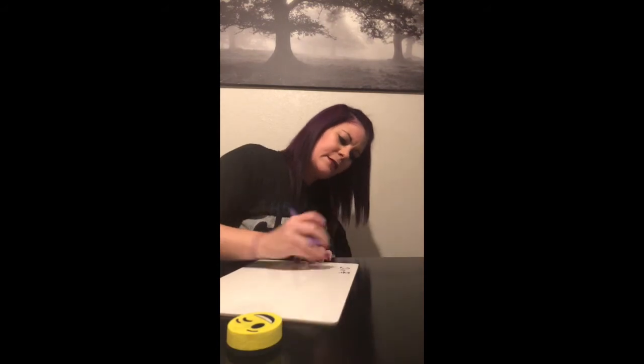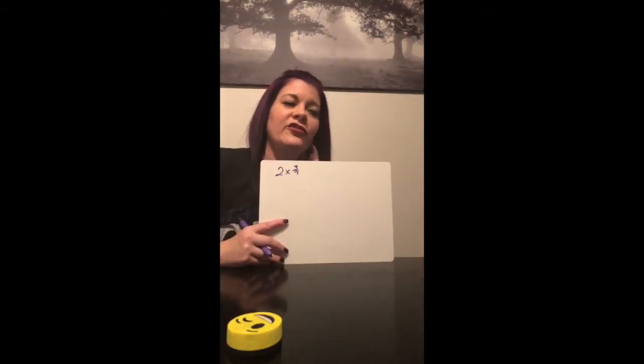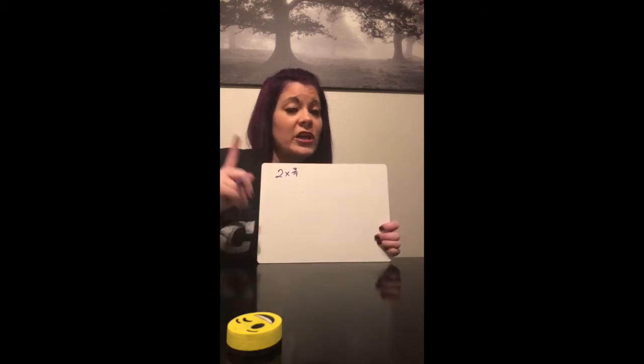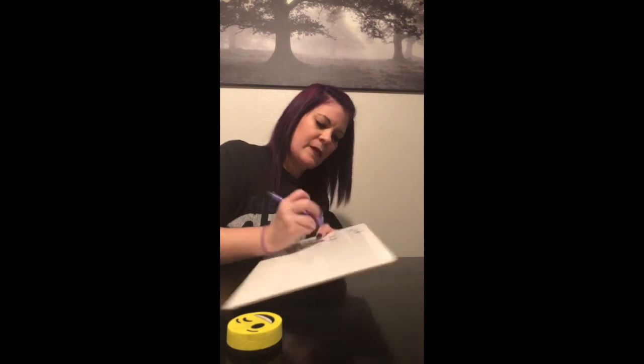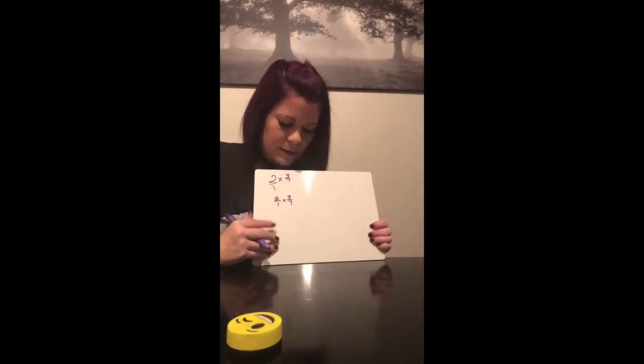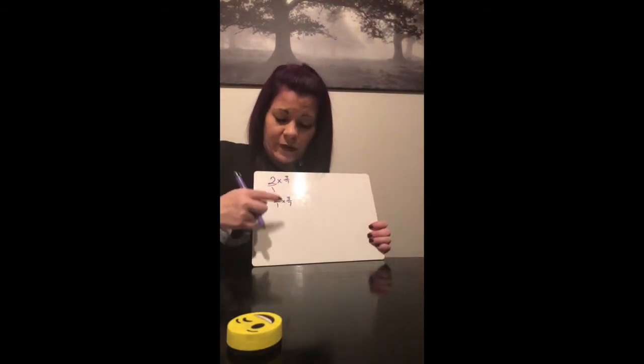If I have 2 times 3/7, like the whole number 2, all we need to do is change this whole number to a fraction. You can change any whole number to a fraction by putting it over 1. So I'm going to rewrite it so I can line up my numerators and my denominators. 2/1, because 2 divided by 1 is just 2.